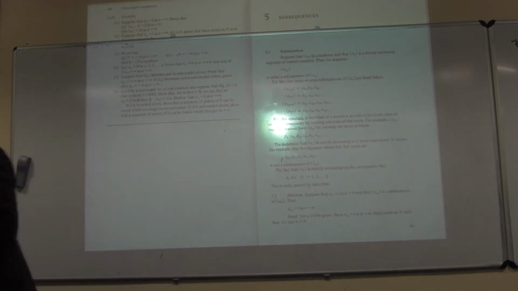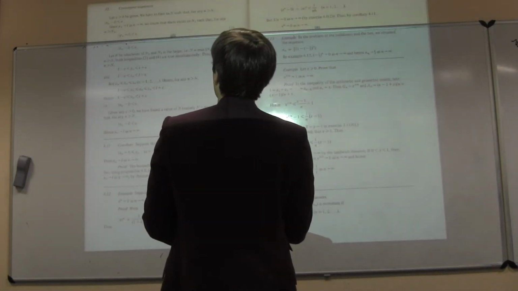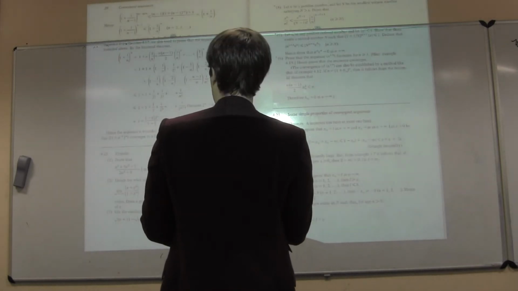What was the other one you started? The sandwich theorem is page 36, yeah, this one. Okay, so let me go to that slide. What page was it? 36? 36, yes.